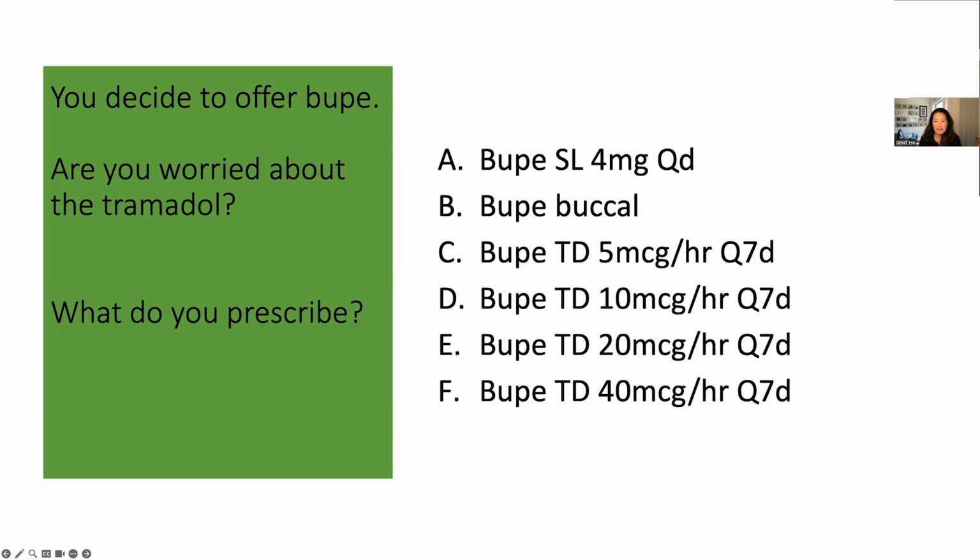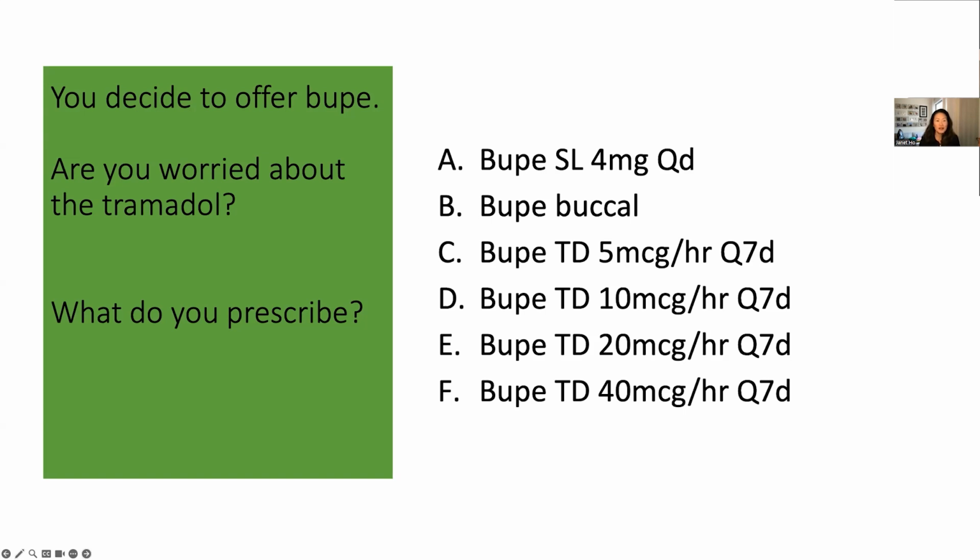More Bupe transdermal. Okay, and then maybe everyone can hit enter so we can see the representative votes for which Bupe formulation we would start. Great. A whole smattering of things.